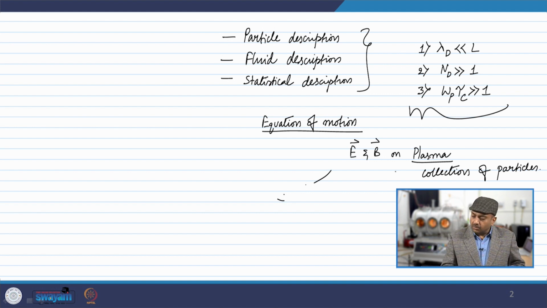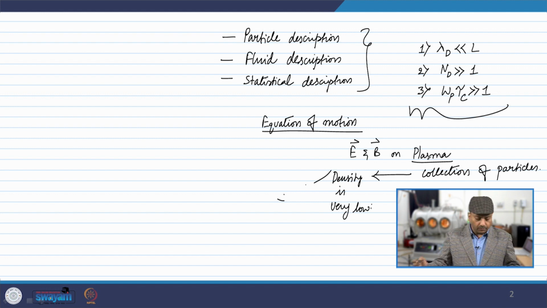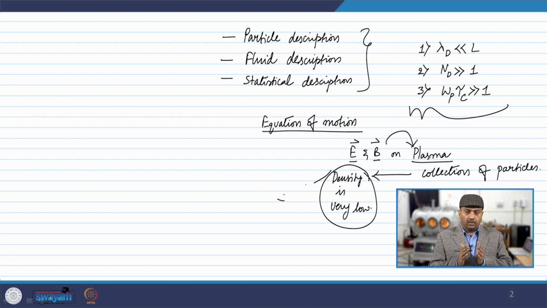But we have taken a special case in which the density of the charged particles is very low. So, when the density of the charged particles is very low, we will try to understand how the electric field and magnetic field will act on the plasma, or how plasma will behave in the presence of this electric and magnetic field.